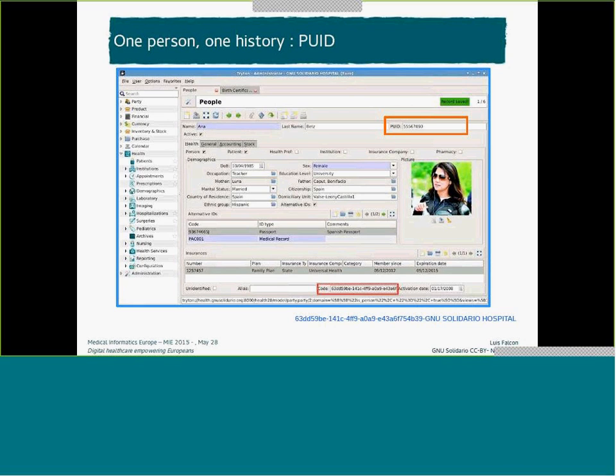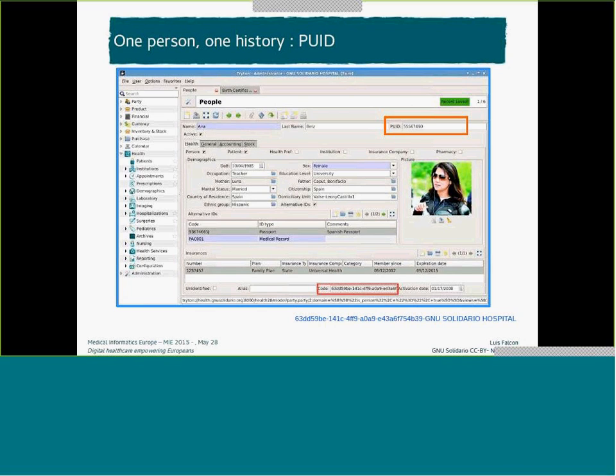It's unique in terms of mathematics. That number is not going to be duplicated. This is the idea going on behind the scenes in terms of synchronizing the information across centers around the country.